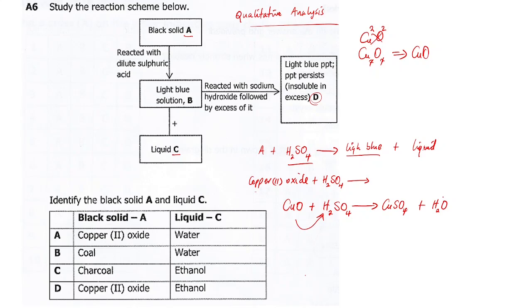So the light blue substance is copper sulfate, which is B, and this liquid C is water. So when they say identify the black solid A and liquid C, the black solid A is copper oxide, and liquid C is water.